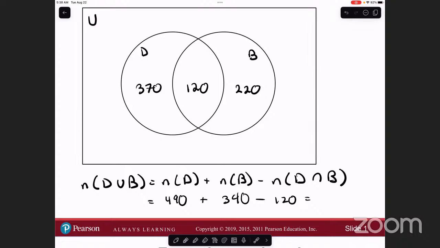Hey Siri, what's 490 plus 340 minus 120? 490 plus 340 minus 120 is 710. 710. I feel like that's not too bad.